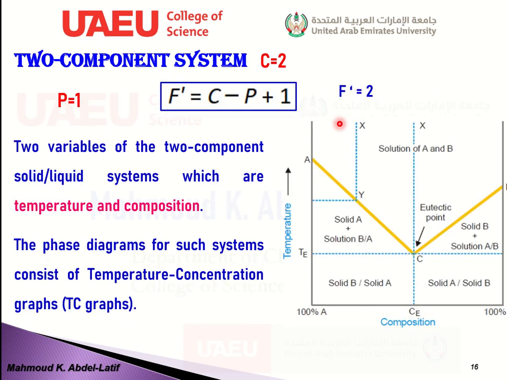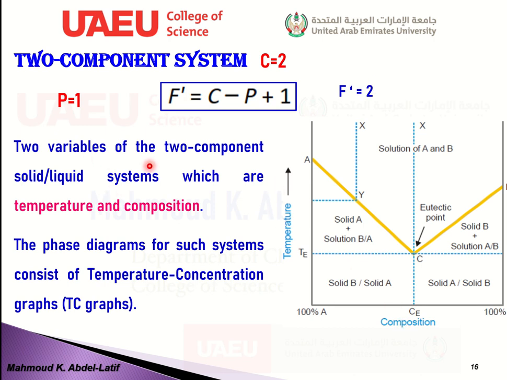Now you have C equals 2 and P equals 1, and at constant pressure you have F dash equal to 2. So in order to describe the system, 2 variables are needed. We have already fixed the pressure, so you are going to create a diagram between temperature and composition.